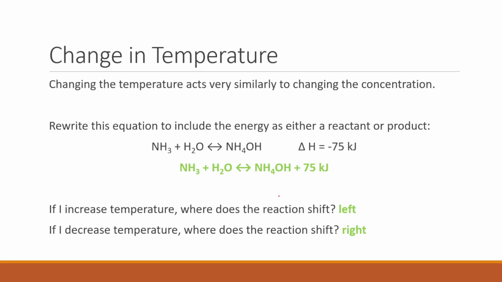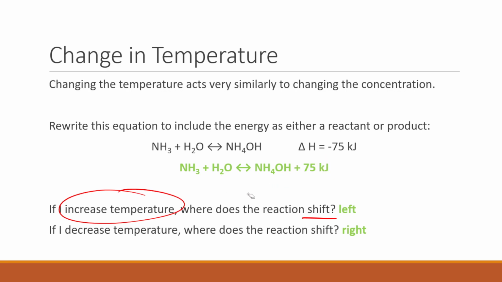Every time you make a change, every time you put stress on an equilibrium, the equilibrium will shift in order to right that change, in order to fix whatever you have messed up. If you add temperature, if you add something on the right side of the equation, the equilibrium will shift to the other side to relieve that stress that you have put on it.